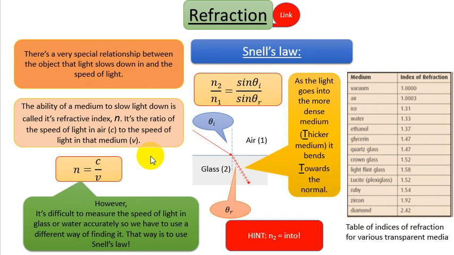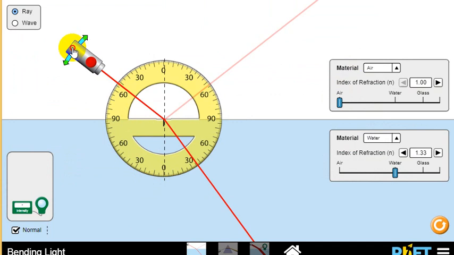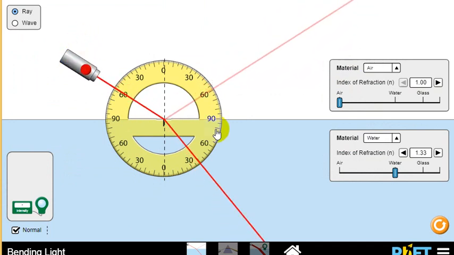And Snell's law. What does it mean? Snell's law indicates that the ratio of the sine of the incident angle to the sine of the refracted angle gives you a constant number. For example, in this simulation, when I increase the incident angle, the refracted angle also changes.